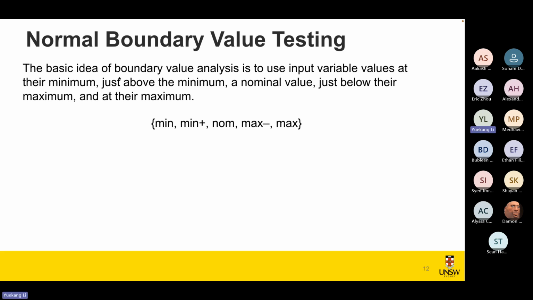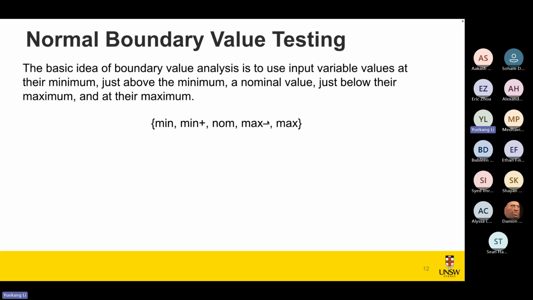So what are the extreme values for an input under the normal assumption? They are the minimum allowed value, a slightly larger value than the minimum, a normal value, the max value within the valid range, and a value just a little bit smaller than the max allowed value.